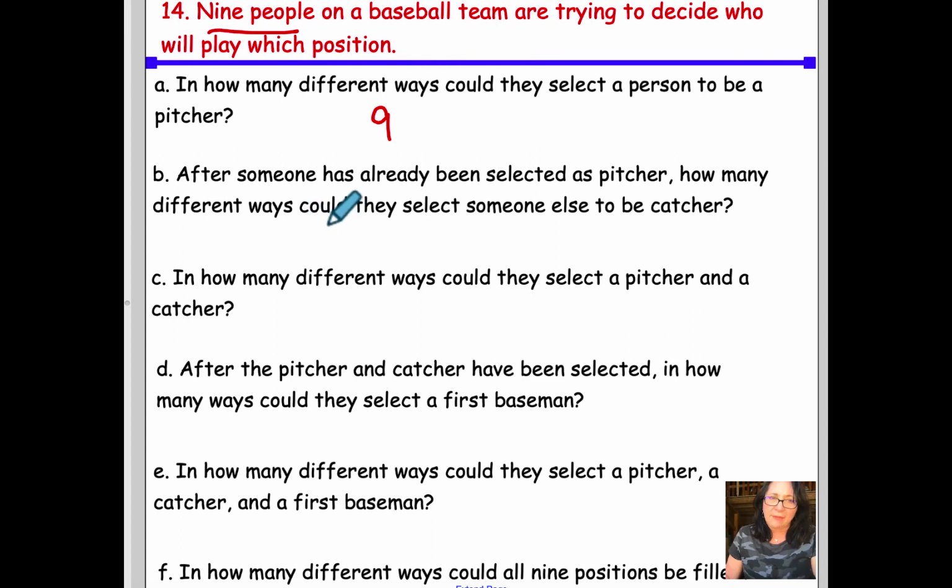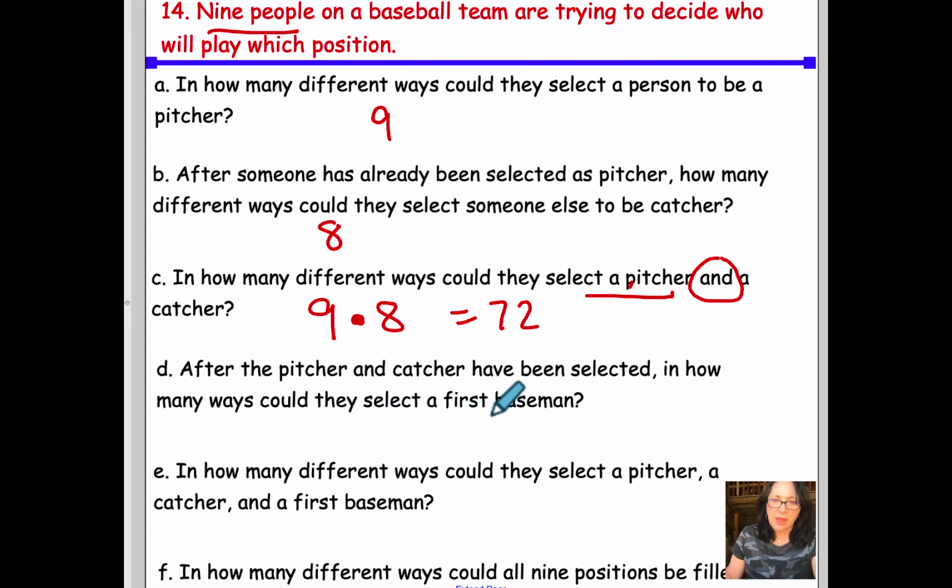So now you have just 8 people left because you picked 1. But if I want to be able to select a pitcher and then a catcher, now I have to multiply. I got 9 people I could pick for the pitcher. And then the second option is going to be, I have 8 choices now. So that's just 72.